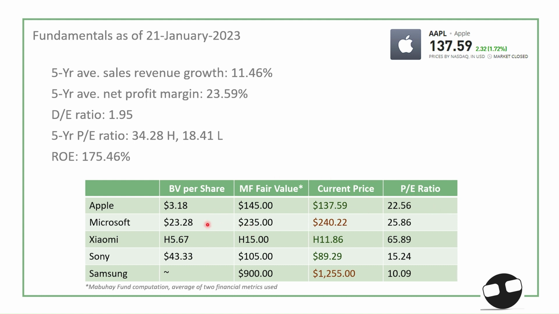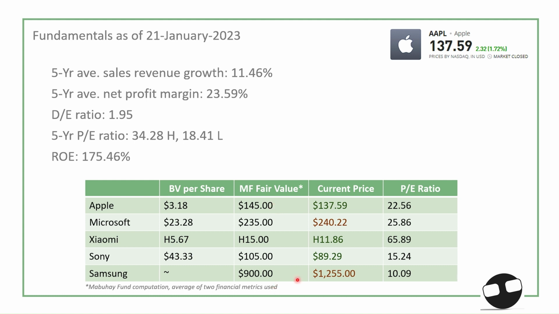Now for Microsoft, we also have some metrics here, but for the fair value versus the current price, it's quite overvalued. For Xiaomi, that's 15 versus current price of 11, so we still have an upside here. For Sony, 105 versus 89 current price, we still have some upside.